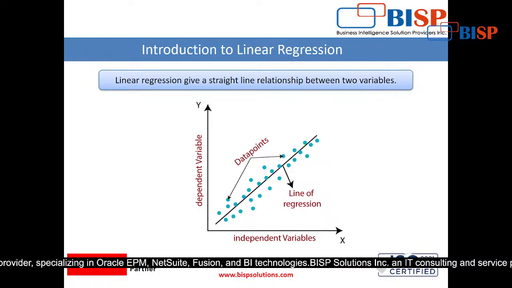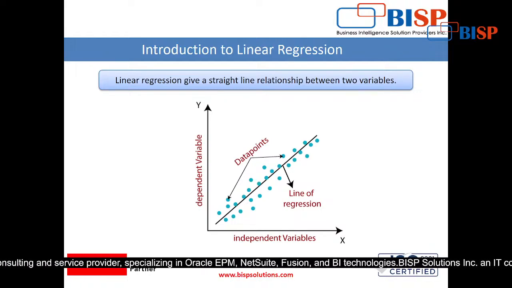Now what is linear regression? Linear regression is applicable on two types of variables: one is the dependent variable and the other is the independent variable. For example, profit and summer temperature. When the temperature goes high, profit depends on this summer season temperature.